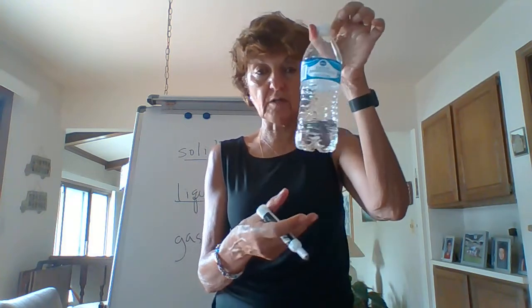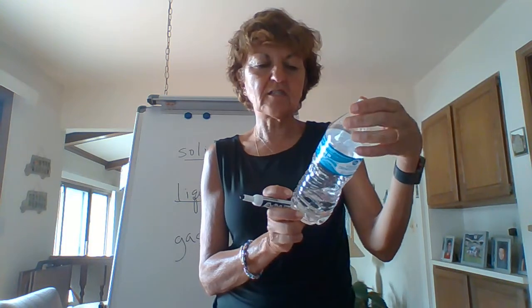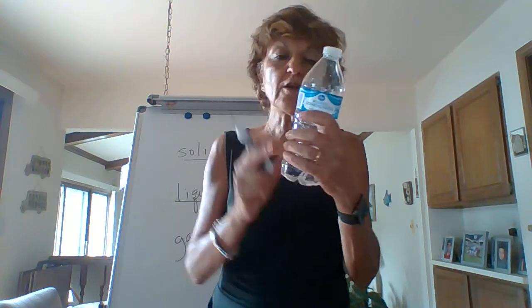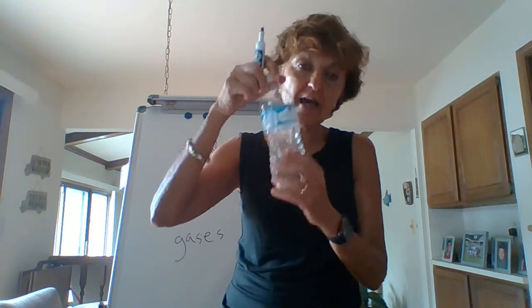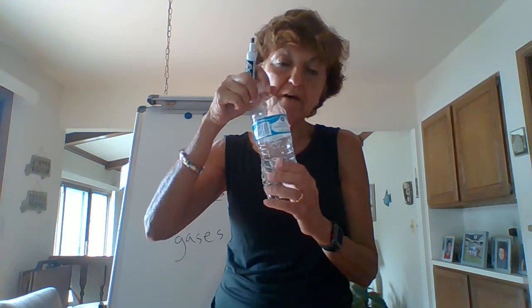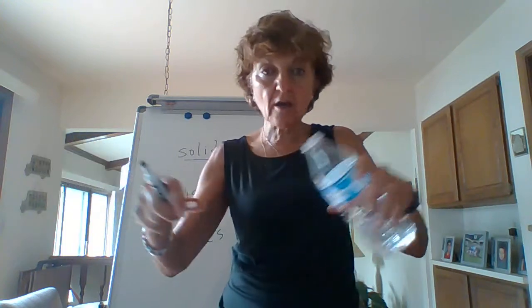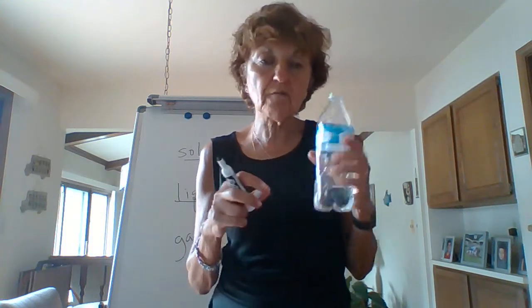Let's go metric in this class. Forget the 16 fluid ounce English. So we know that if I fill this bottle with water, it's going to have a definite volume. I have 500 milliliters. If I open it up and I pour it in my coffee cup, it'll still be 500 milliliters. So it has a definite volume.